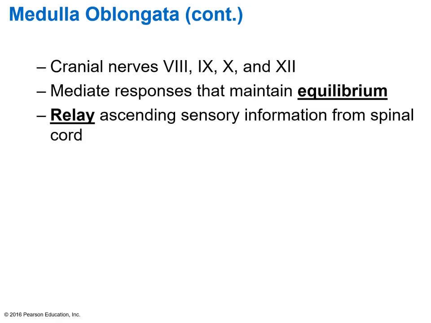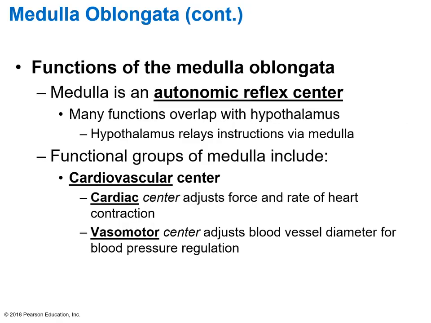Some of what the medulla is also controlling are things like equilibrium, and it certainly is a relay station because everything coming up the spinal cord has to pass through it. The medulla is involved with autonomic reflex centers, so it's fine-tuning things that are going to the hypothalamus. It plays a role with heart rate, the force that the heart is contracting.